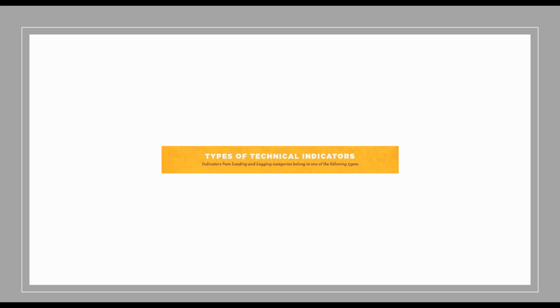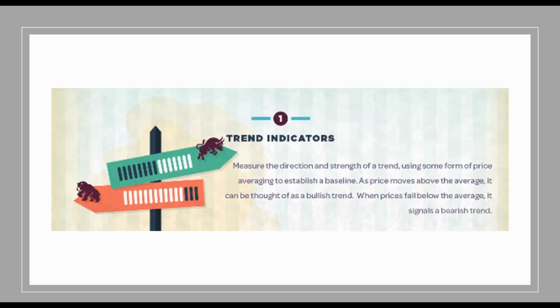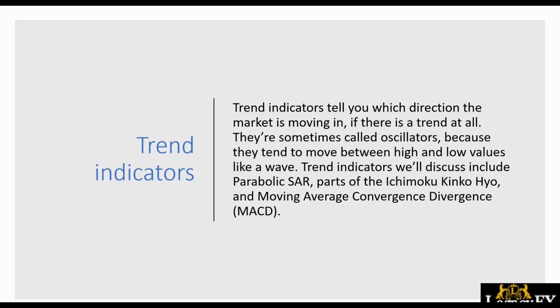We're not talking about a specific indicator, because we start out with the first group, which are called trend indicators. Trend indicators measure the direction and the strength of the trend using some form of price averaging to establish a baseline. As price moves above the average, it can be thought of as a bullish trend. When price falls below the average, it can signal a bearish trend.